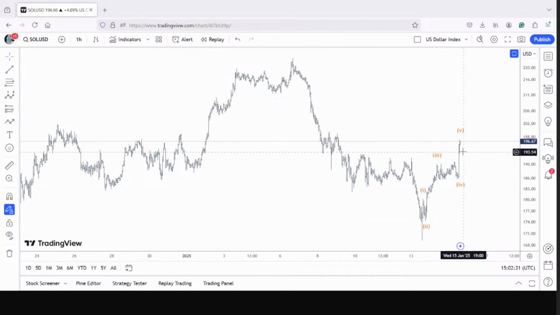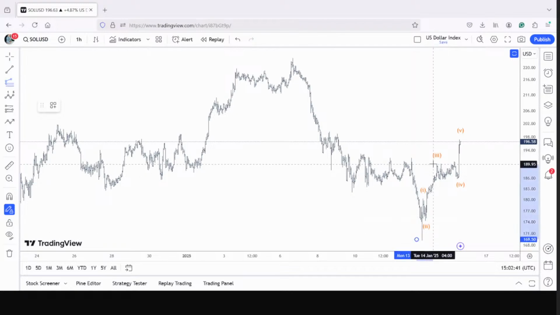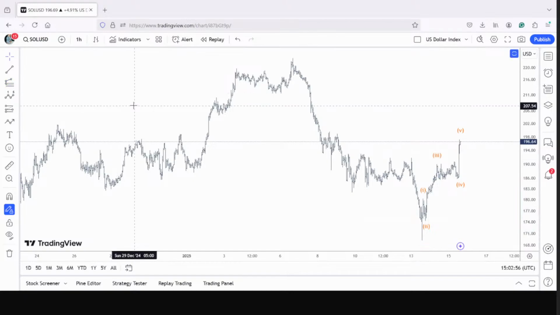If it's correctly done, we can also check the Fibonacci extension to see if it's matching the projections or not. See, that's the 0.618 touch. So maybe around 198, the target should be met, and a pullback should be materializing thereafter.